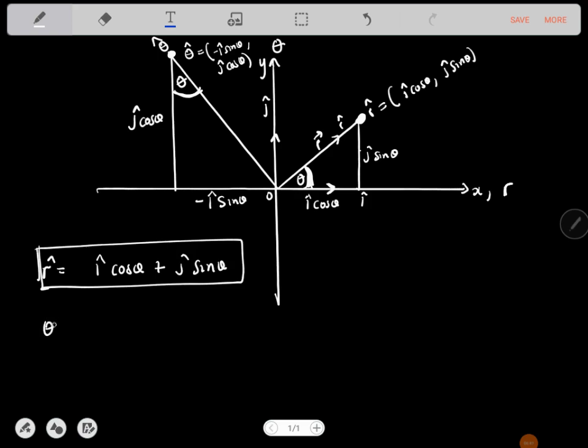What of the angle hat, the theta hat? What's the relationship in the plane polar coordinate and in the rectangular coordinate system? You discover that it will be negative I hat sine theta plus j hat cosine theta.